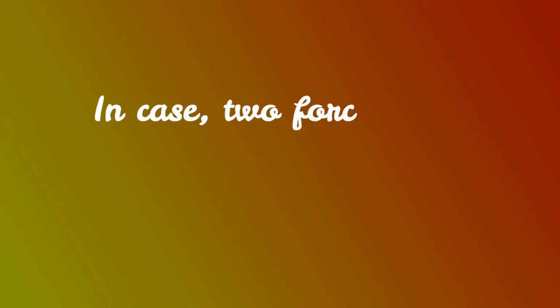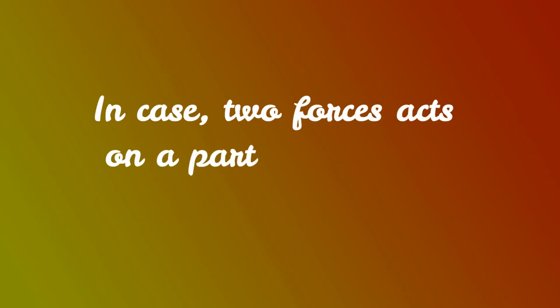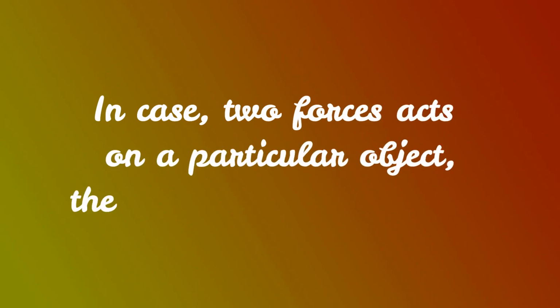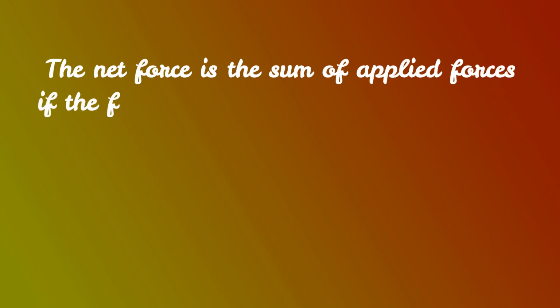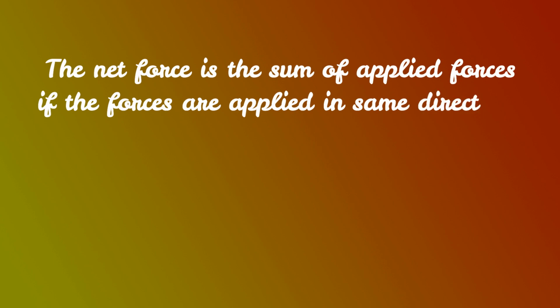In case two forces are applied on a particular object, then three cases may arise. Let us go one by one. The net force is the sum of the two applied forces if the two forces are applied on an object in the same direction.